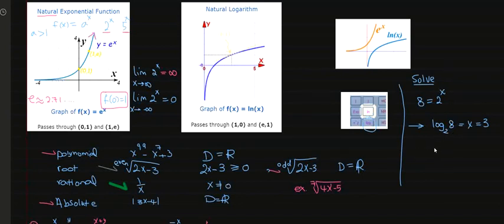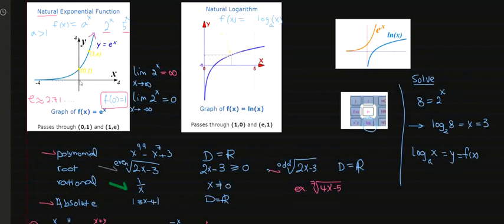So the logarithmic function in general is log a of x, and that's the function that we call y, or we might call it f of x, like we do. So f of x is the log of any base for x. It takes the input x and the base a. The graph will look the opposite of the exponential.